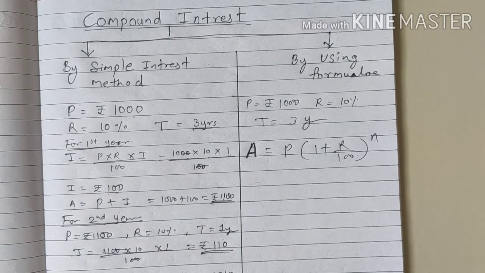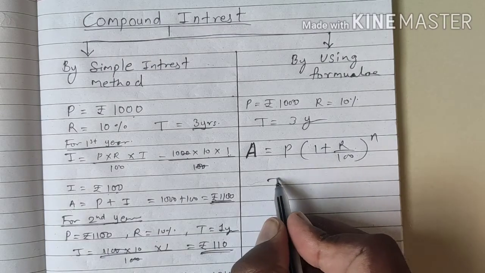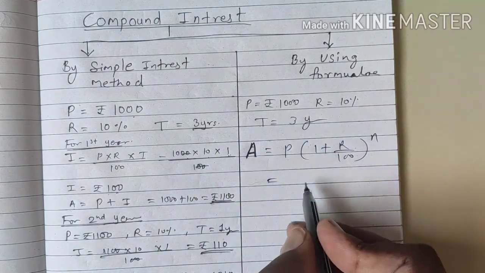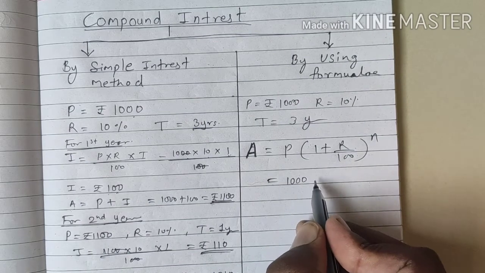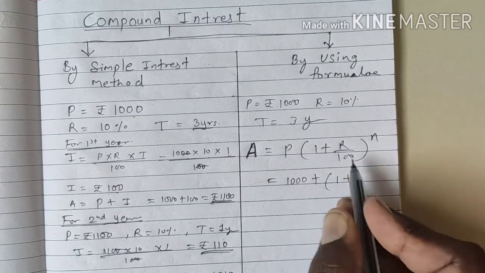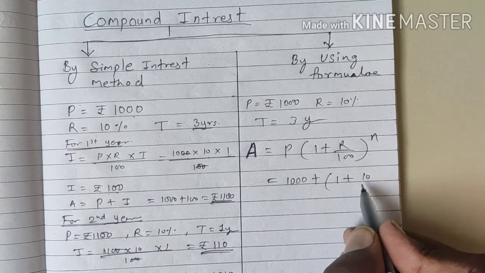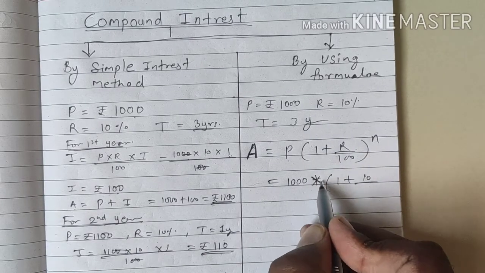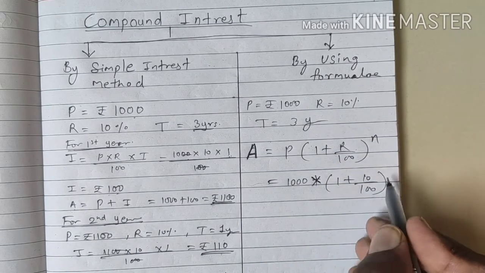So 1000 into (1 plus 10 upon 100) raised to 3.